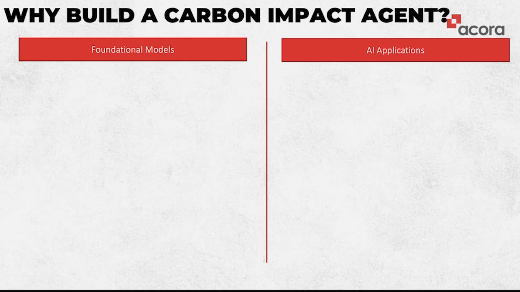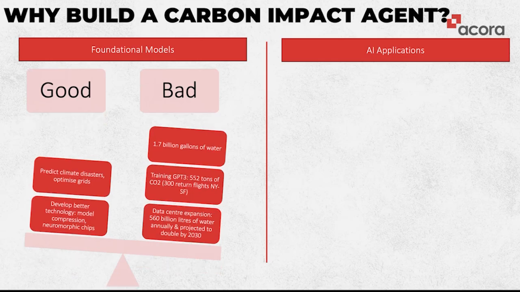So why do I want to build a carbon impact agent? If we think about foundational models, GPT, Gemini, etc., there's a lot of documentation around how bad they are, how energy intensive they are, and what we're not doing to compensate.